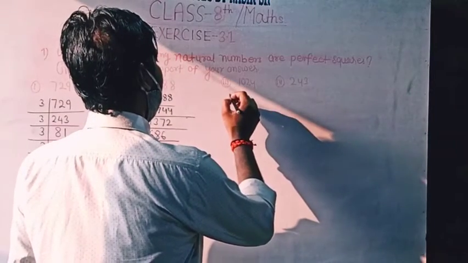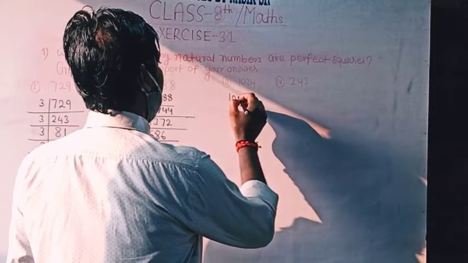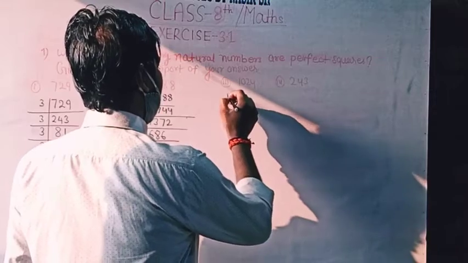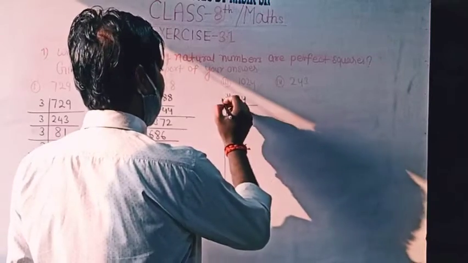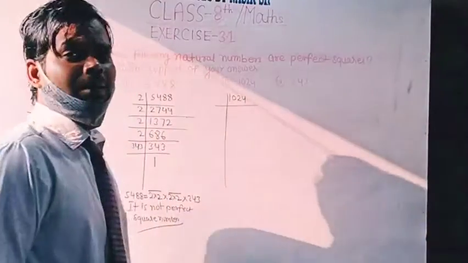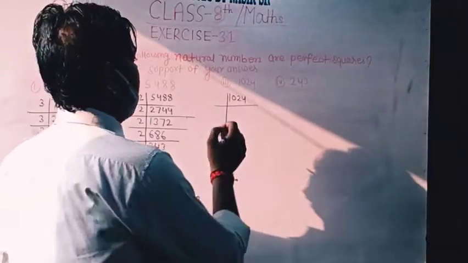Now move to the third part. The given number is 1024. First find the prime factors of 1024.